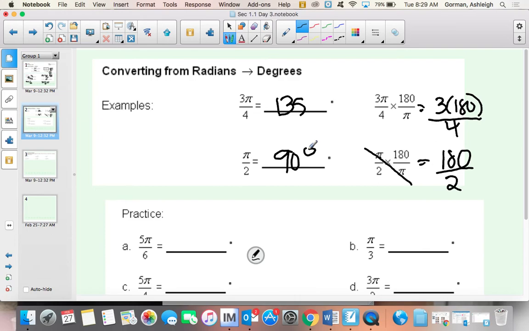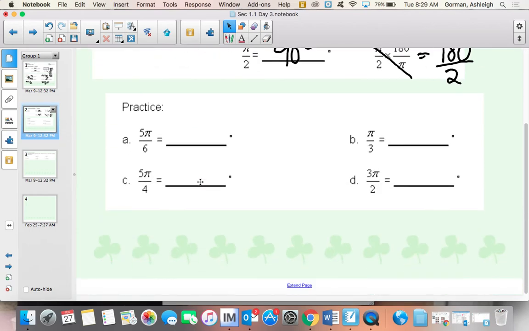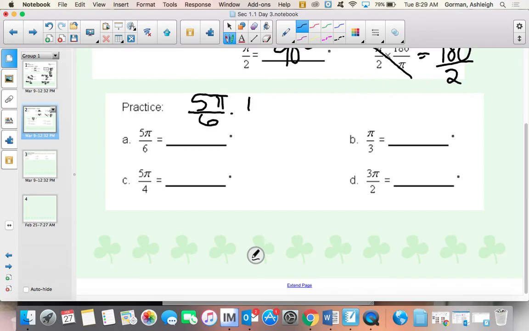So here when I'm looking at my practice problems, pretty straightforward. We're just multiplying now by 180 over pi. You can use your calculator for sure. So I have 5 pi over 6 times 180 over pi. If it helps you to think of that the pi's cancel, you can do that.